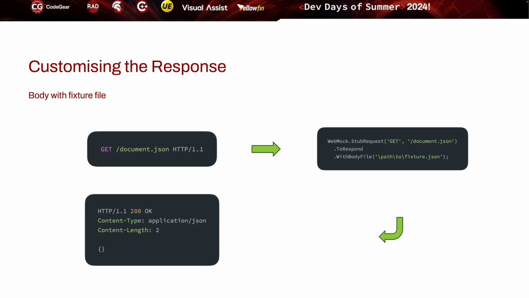and the reason it has set application JSON is because there is some basic MIME type detection that goes on inside WebMocks. It's actually, to be honest, leaning on features of Indy, where it's detecting the MIME type of the extension, and it knows that would be application JSON.